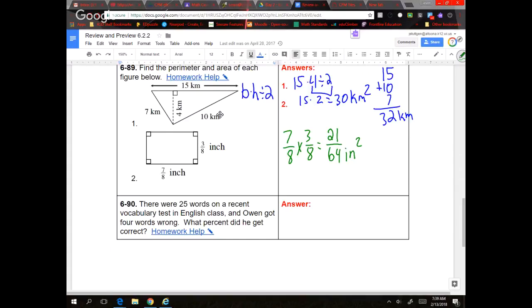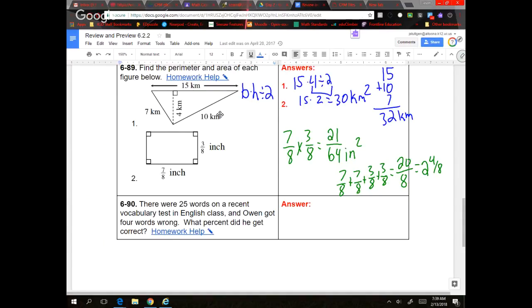Then we have 7/8 plus 7/8 plus 3/8 plus 3/8. So luckily for you, they made all the denominators the same, so you don't have to get a common one. You get 20/8, right? Which is the same exact thing as 2 4/8 or 2 1/2.